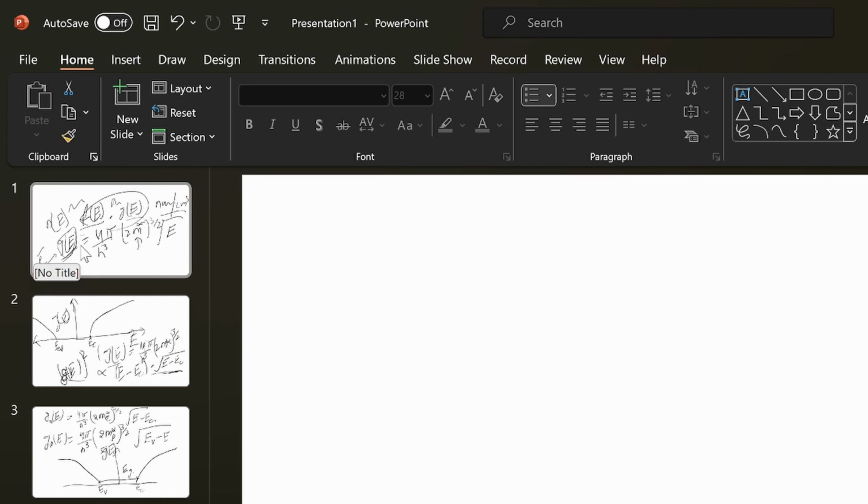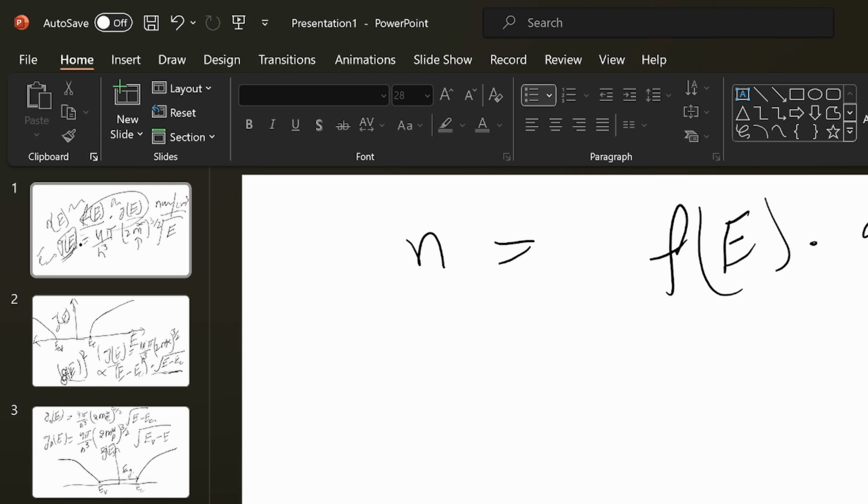As I told you, the number of electrons n can be calculated with the multiplication of F(E) into g(E).